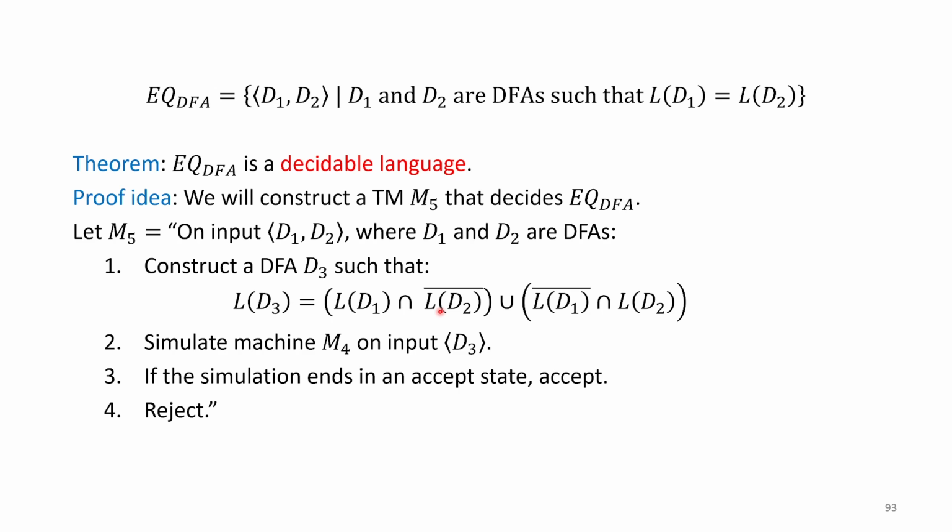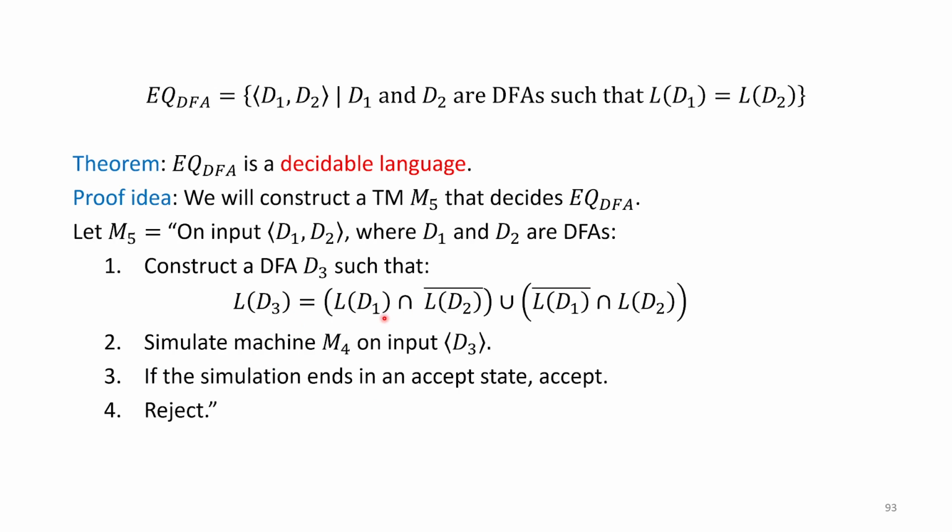Okay, let's go through this idea for a second. If they have the exact same language and we intersect them, we get the exact same language back, right? But if I have the 2 languages and I intersect one with the complement of the other, then you should get nothing back if they're the same language, okay?